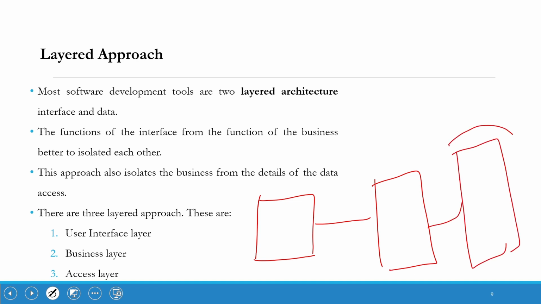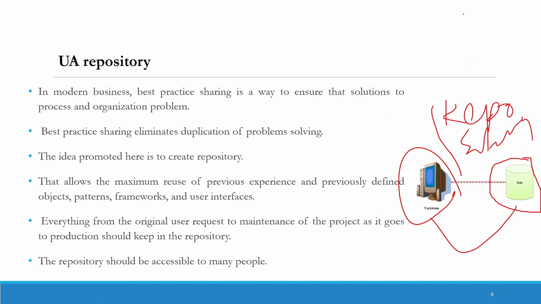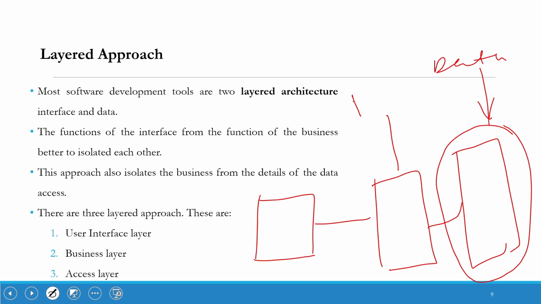In the business layer, there are objects from the business domain, the business objects represented here. In the view layer, there are users to view and interact with the business objects to access the data. So this is a three-layered approach.